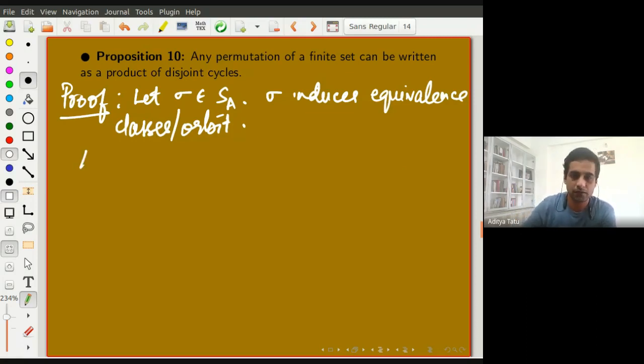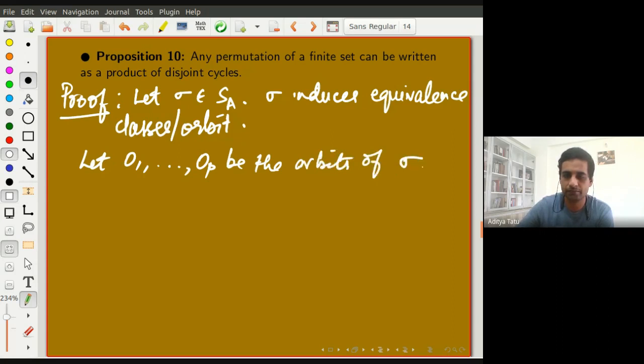So, yes. Let O1, O2, up to OP be the orbits of sigma.